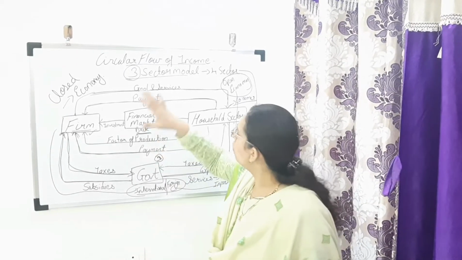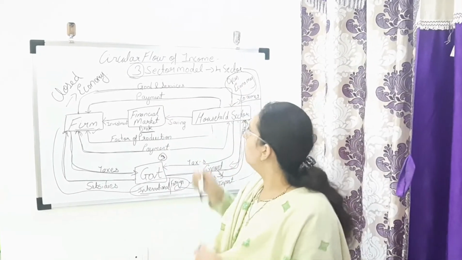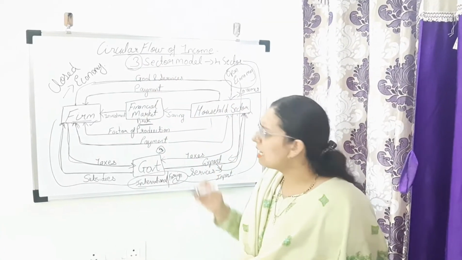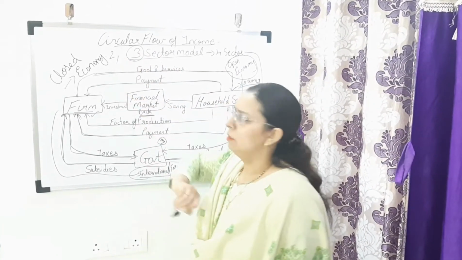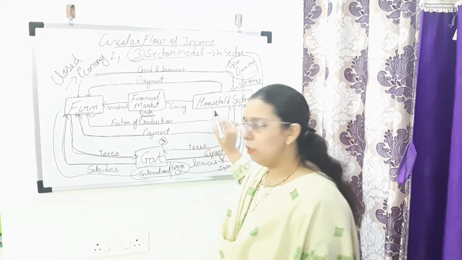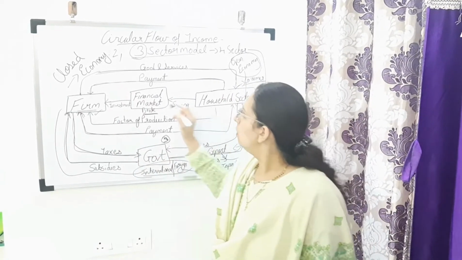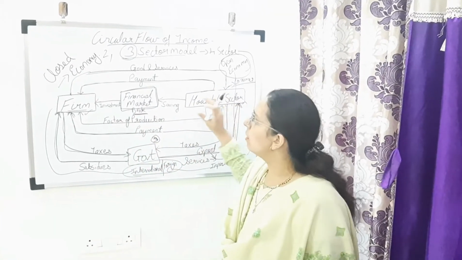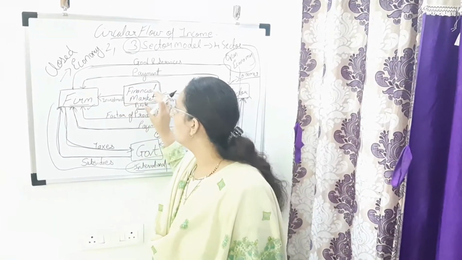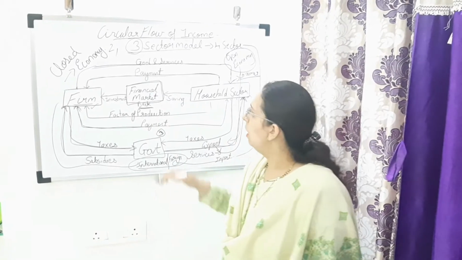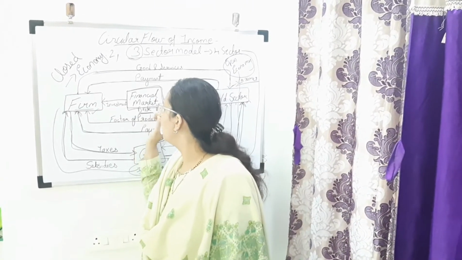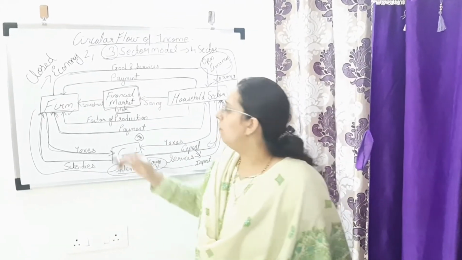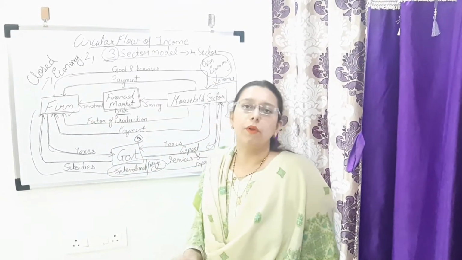So these four sectors play an important part in the circular flow of income. It starts with the two sector model, firm and household. Then the financial market comes, where the consumer saves some amount of income as saving. That saving is used by banks and the financial market for investment in firms and industries by giving them loans for their production.